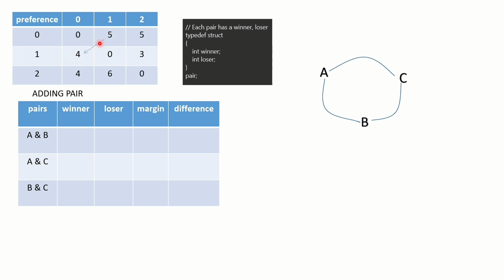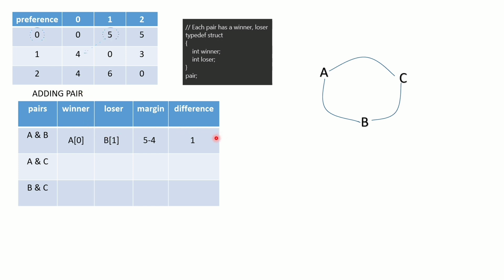Here is 0 1 and this is the 1 0 cell. So 0 is the winner, and 5 is the maximum number of votes Alice has over Bob, and we will add it in the table here.